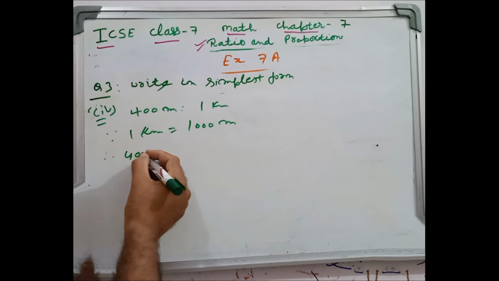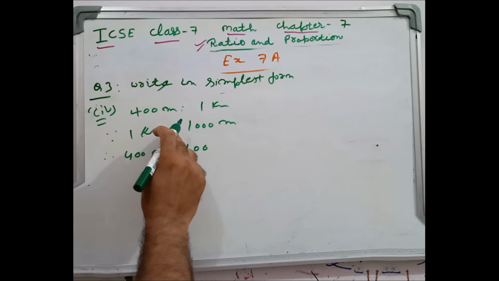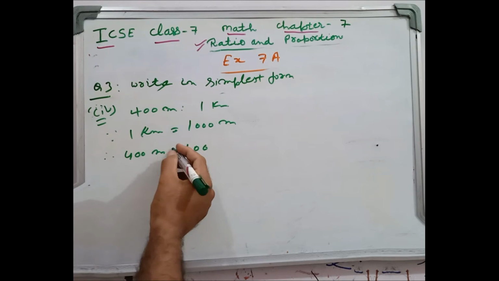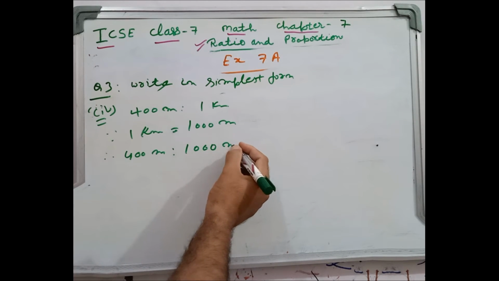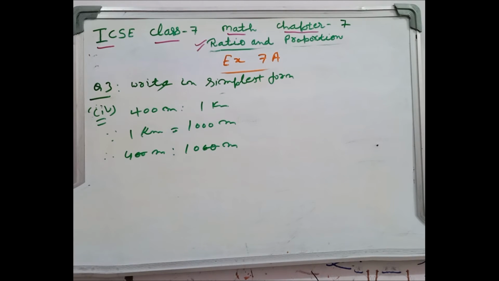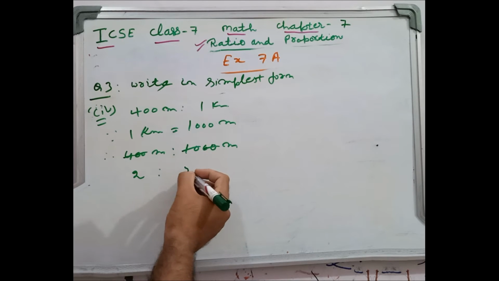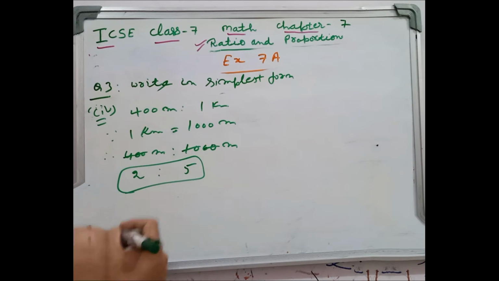Therefore 400 meter ratio 1000 meter. So double zero got cancelled. 2 2s are 4 ratio 2 5s are 10. So the required ratio is 2 ratio 5.